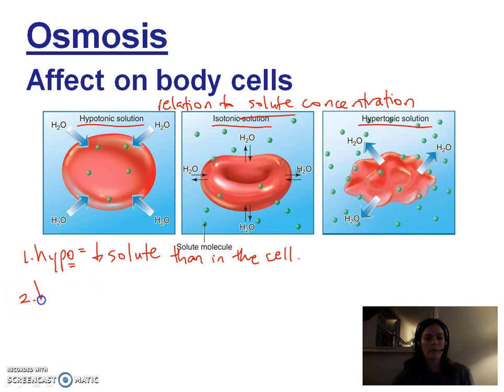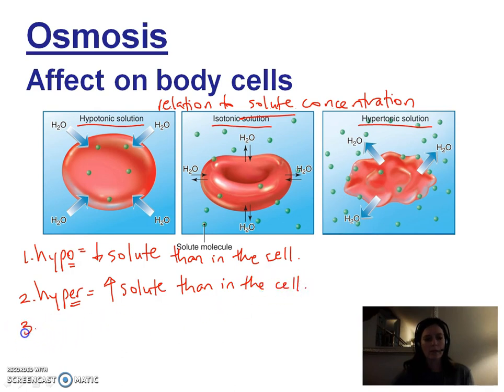The opposite would be a hypertonic solution. If somebody is really hyper and bouncy, well, they are pumped up. So we would say that that would be a high solute. So a hypertonic solution has a higher solute than in the cell.